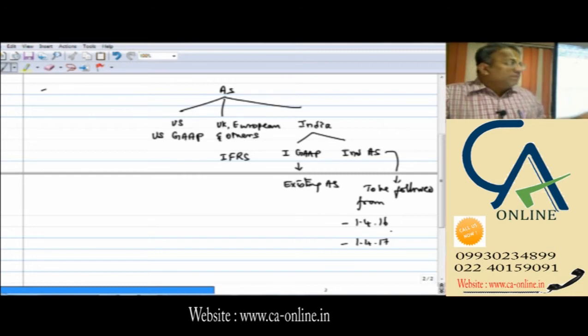For the first time, Ind AS will be applicable for the accounting period starting from 1st of April 2016. For whom? All companies, listed or unlisted, having a net worth of 5 billion, not million, 5 billion and above.